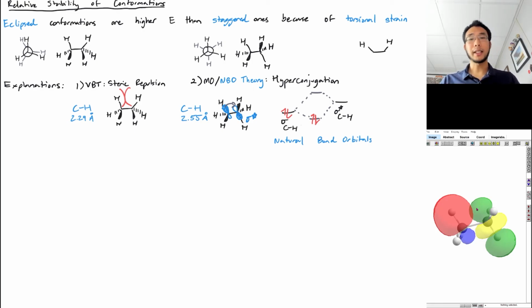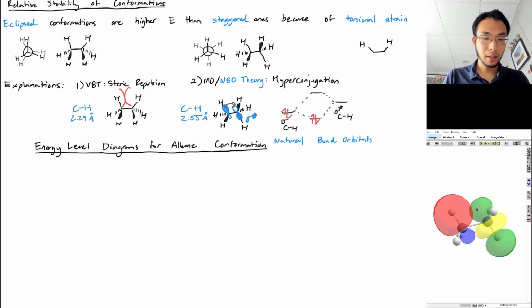Now that we have this idea that there are some conformations that are more stable than others, let's look at the actual changes between them in energy level diagram form.